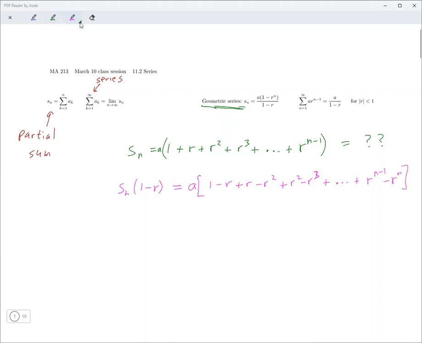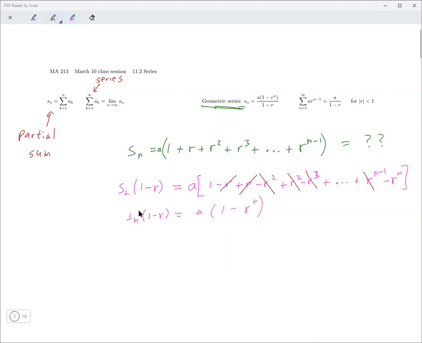Like that. And now, a nice thing happens. You probably saw this coming. That and that cancel, that and that cancel, this and the next one cancel. This one's going to cancel with the previous one. We're just left with a times 1 minus r to the n, like that.